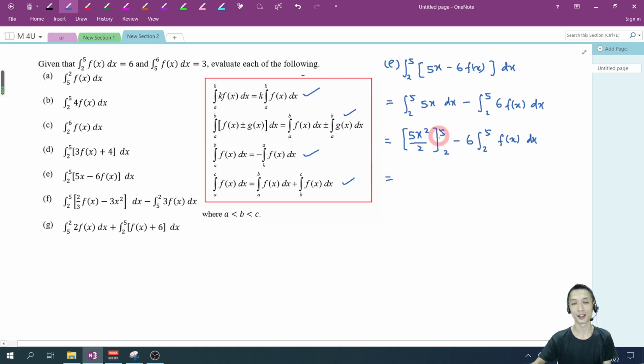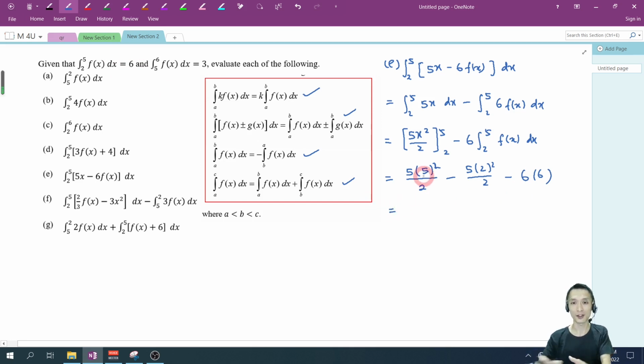First, substitute the upper limit inside this function: 5 times 5 squared. Put the 5 inside here, over 2, minus. Then substitute the lower limit inside the function: 5 times 2 squared over 2, minus 6 times this, which is equal to 6.